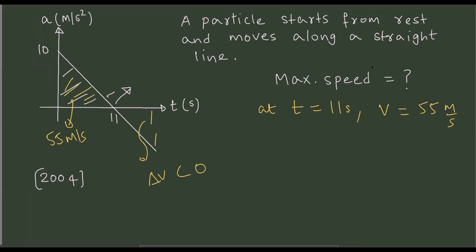But I think the graph was only till 11. Oh, okay, my mistake. The graph was shown only till 11. Suppose I say that it ends here at maybe 15 seconds or so, then I can say that the maximum speed is 55 meters per second.